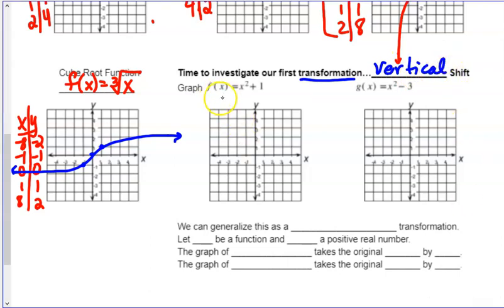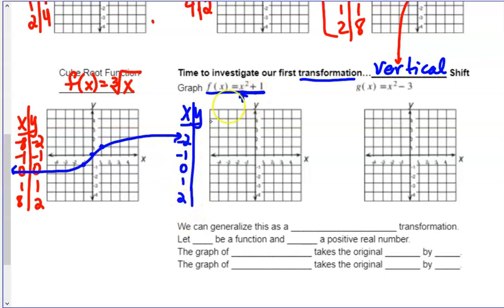Now I have f of x equals x squared plus 1. It looks very similar to my f of x equals x squared, but now I'm adding 1 to all of those y values that I got when I squared each of those x values. I'm going to make a t-chart here just so we can see what happens. I'm going to go -2, -1, 0, 1, and 2.